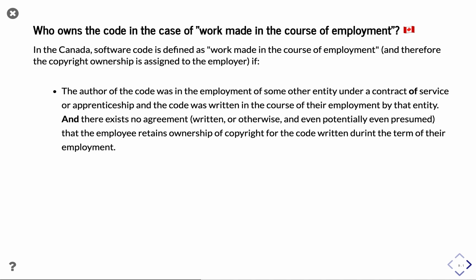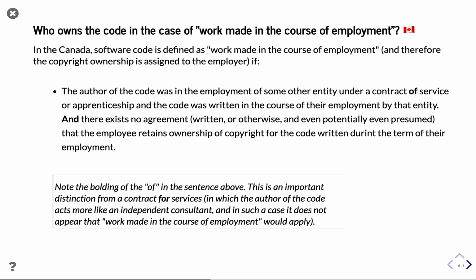Also, there has to be no agreement that states otherwise, for example that the employee retains the ownership of the copyright for the code written during the term of the employment. In such a case, the copyright goes to the employer.